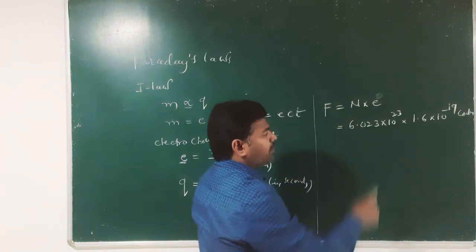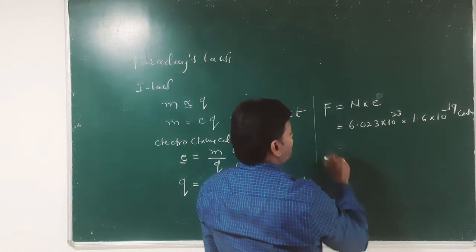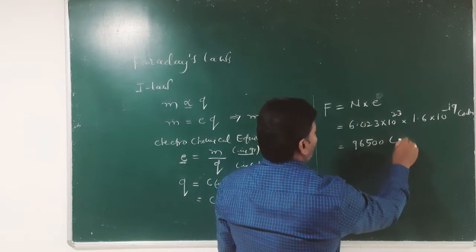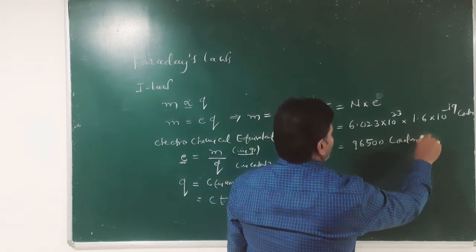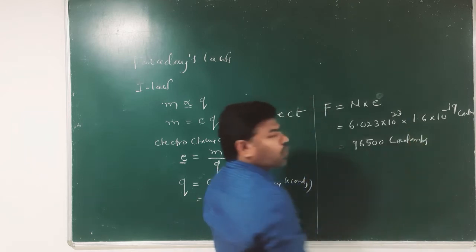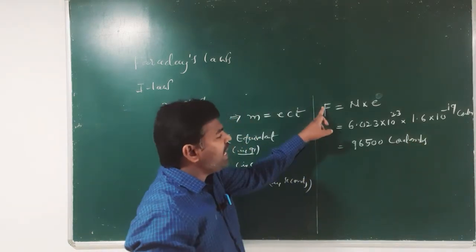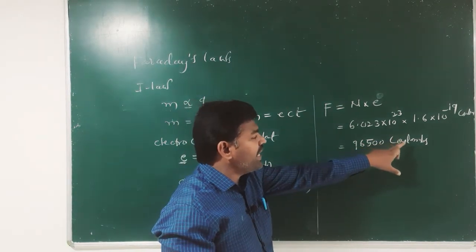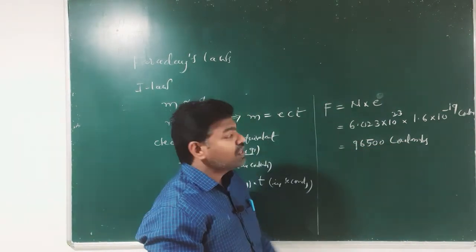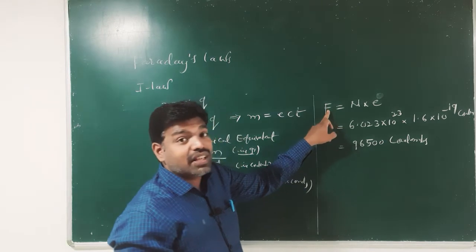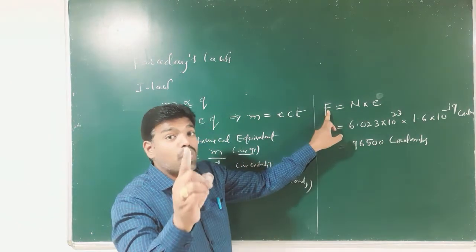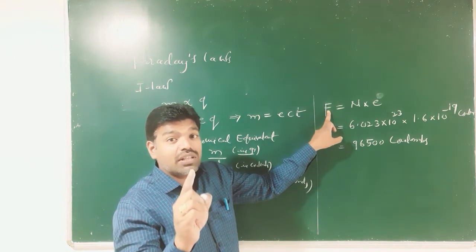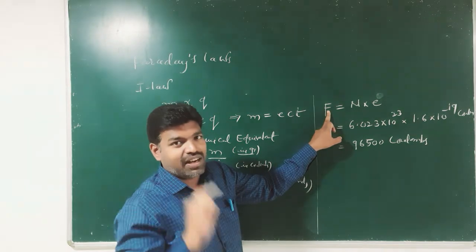After multiplication of these two values, we get 96,500 coulombs. So 1 Faraday is equal to 96,500 coulombs. 1 Faraday is the charge of 1 mole of electrons.